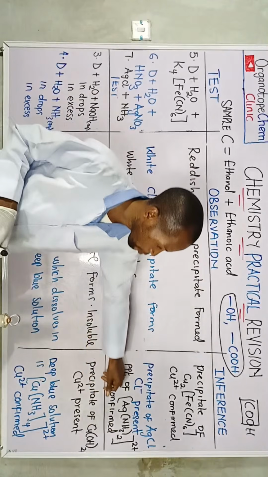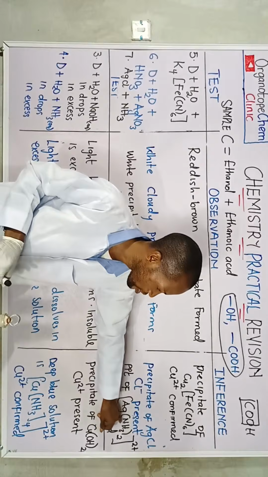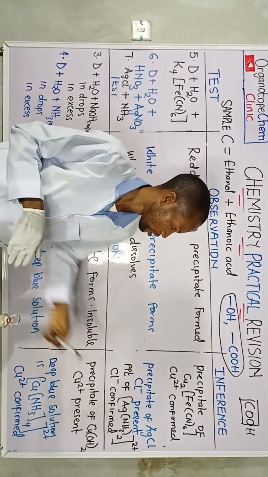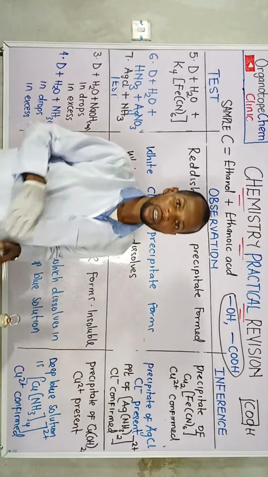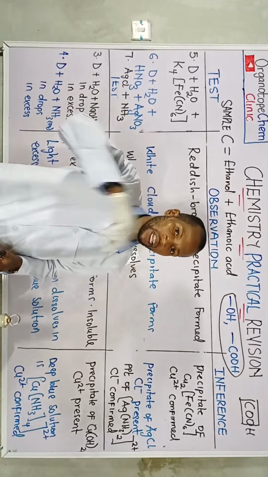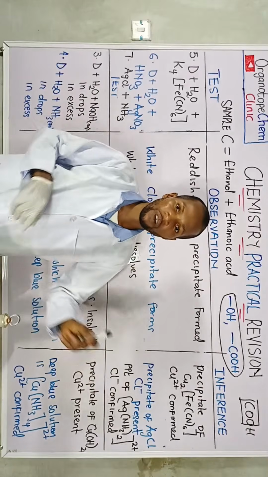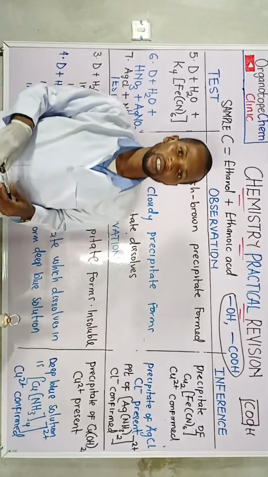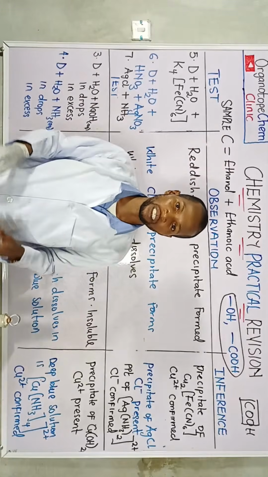So right here, the precipitate is this [Ag(NH3)2] close bracket, 2 plus. Then chloride confirmed. If this is clear, type clear. Type Cl minus confirmed in the chart.